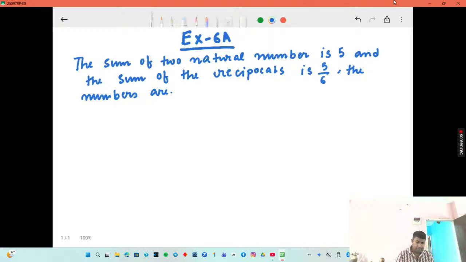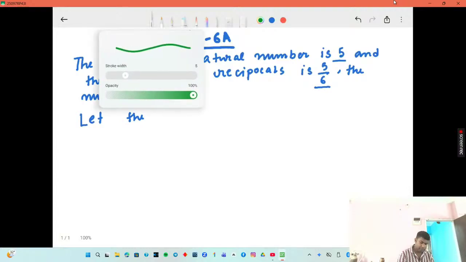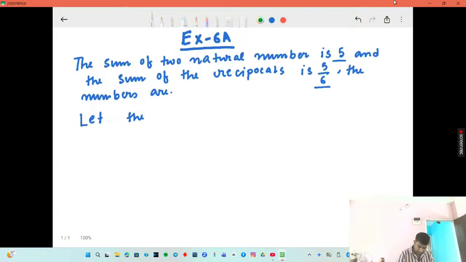Here the question is given as: the sum of two natural numbers is 5 and the sum of the reciprocals is 5 by 6. The numbers are? So let us first suppose the numbers be x and y.